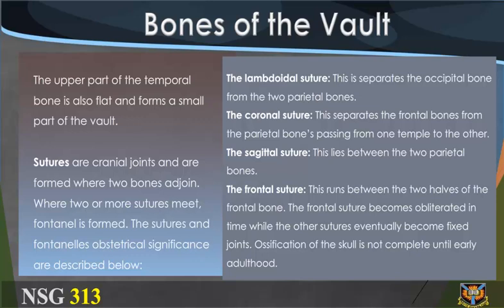The frontal suture. This runs between the 2 halves of the frontal bone. The frontal suture becomes obliterated in time, while the other sutures eventually become fixed joints. Ossification of the skull is not complete until early adulthood.